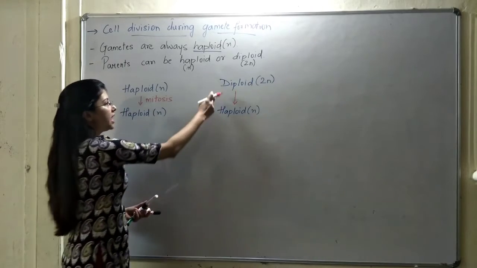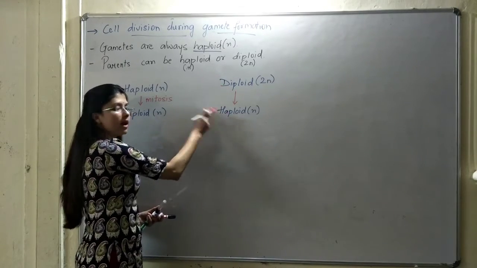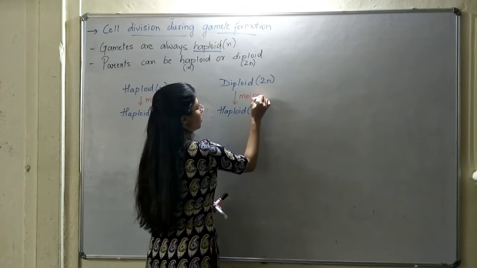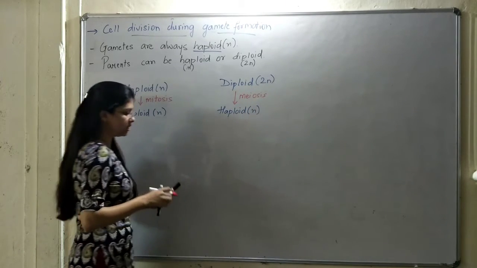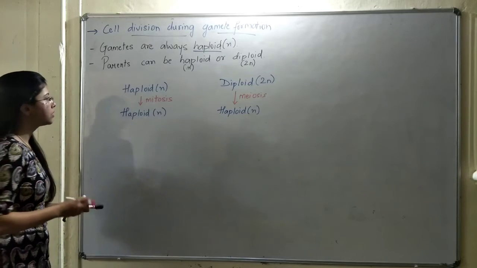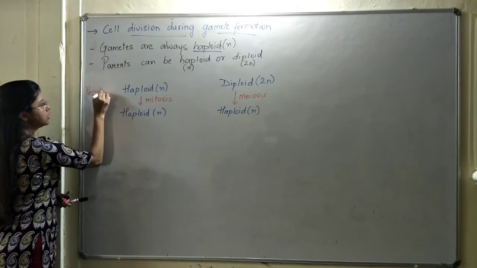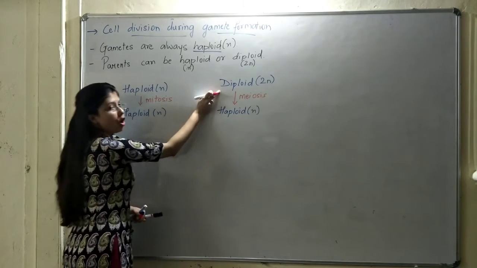So when the parent body is diploid and the gamete to be formed should be haploid, the type of cell division that takes place is meiosis. Okay, so this is the ploidy of the parent.